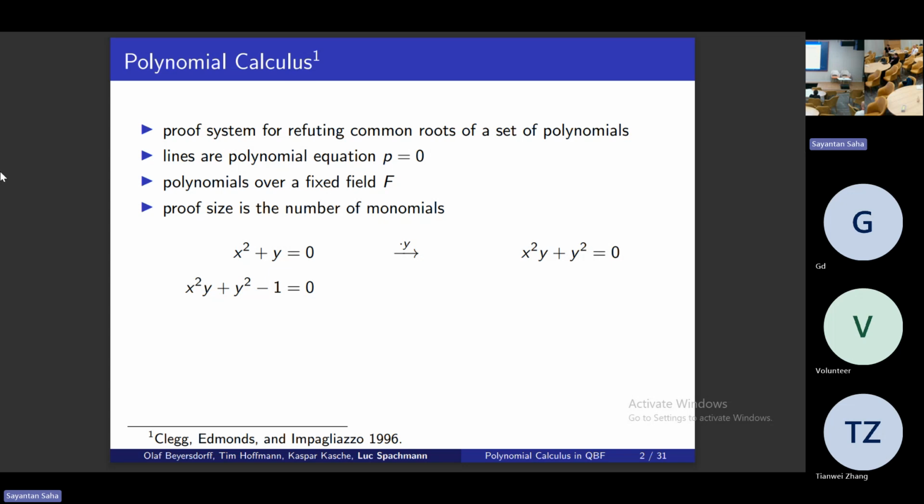We can multiply one of those polynomials by a variable, in this case y, we can multiply it by a constant, and we can add those. A polynomial calculus refutation is a derivation ending in 1 equals 0, an obviously false statement, comparable to the empty clause in a resolution proof.